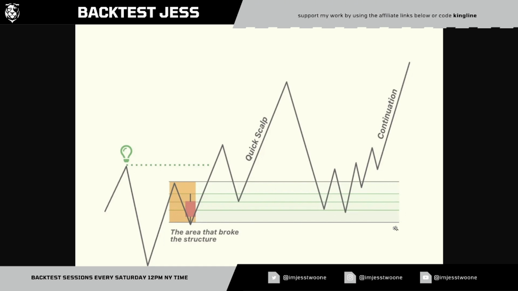The zone that they're referring to is the order block that's created in this area before the break of structure. If you guys have heard me say before, I look for the order block inside of the order block, which I mentioned in the last 3 sessions.